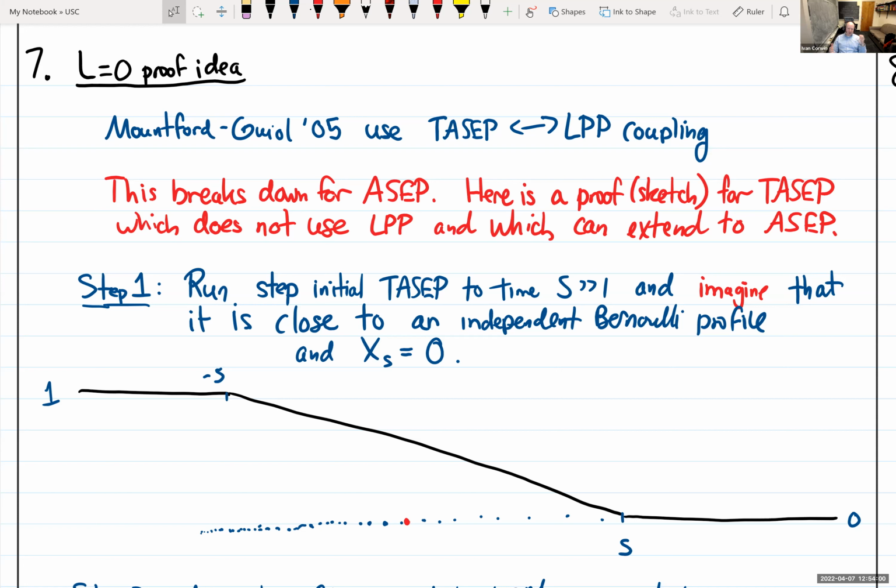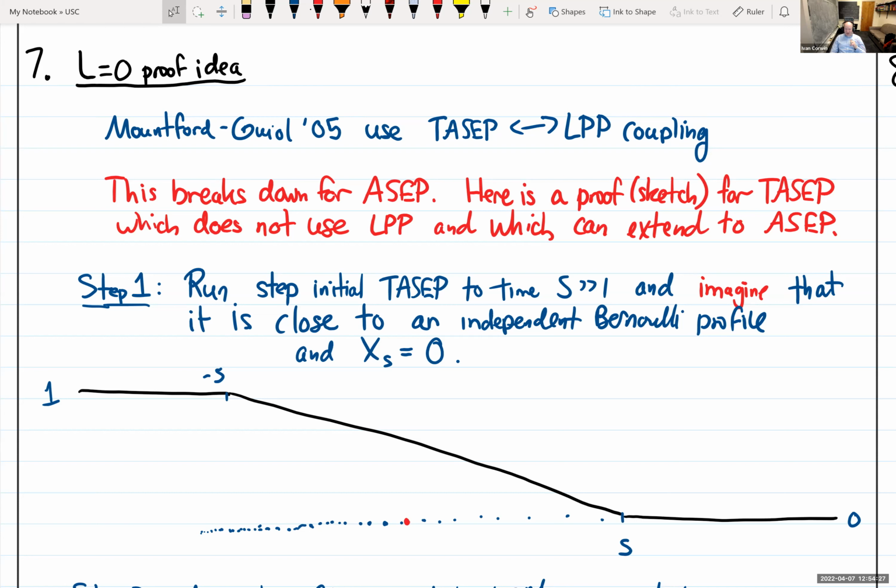Of course, the particle configuration will not be exactly given by this density, but let's just close our eyes and imagine that microscopically, the system at this time s is given by independent Bernoullis. So the occupation variables are independent Bernoulli with a profile of parameters that's exactly given by this hydrodynamic linear profile.